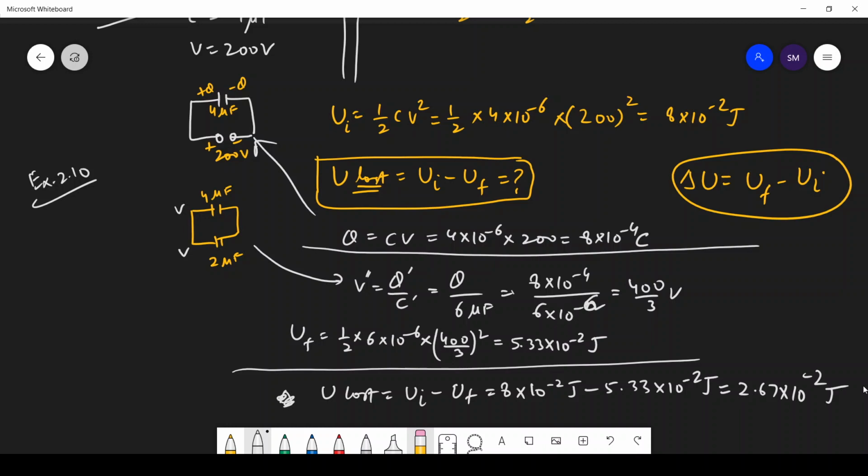How is this energy lost? This energy is lost because the charge was transferred from this plate to this and this to this plate.